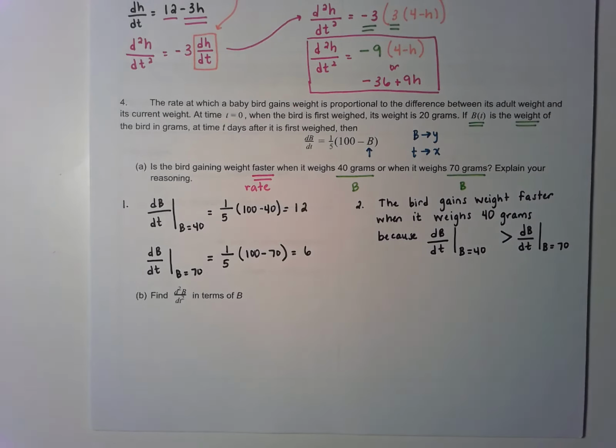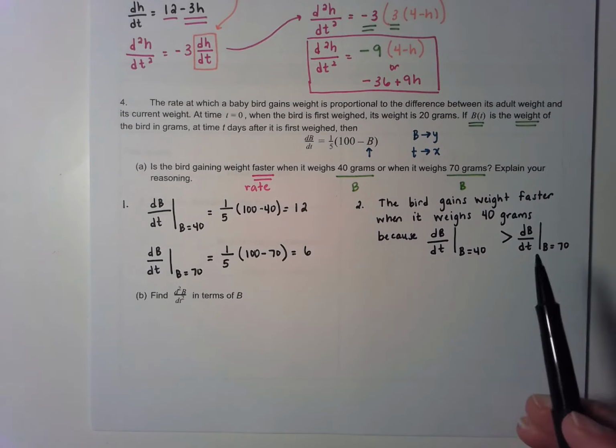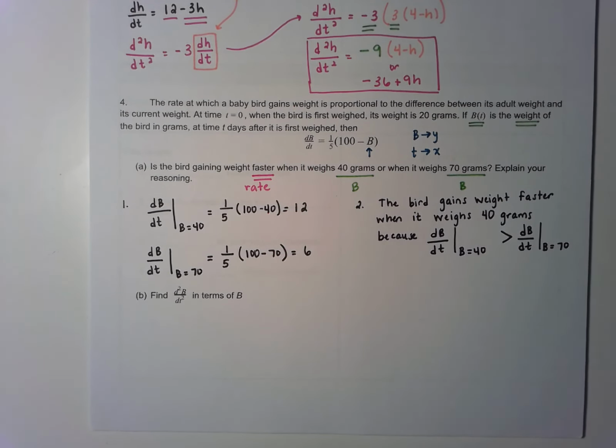In math, your reasoning can just be the mathematical reason. You don't have to write it in words. You can just use the symbols to show that. Just remember that this inequality means that this one's bigger than that one.